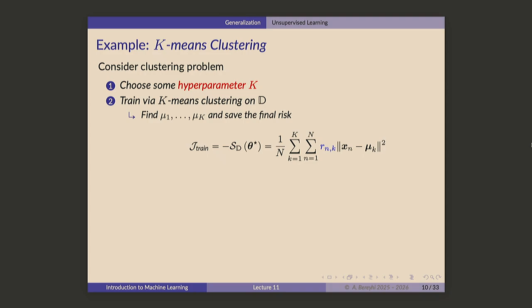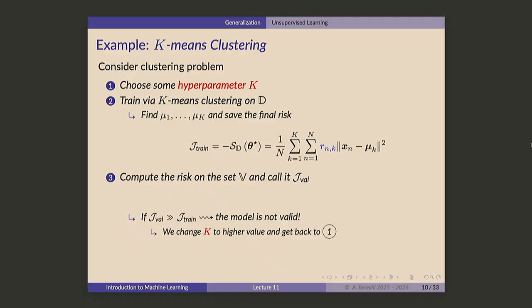And then I should check: I go ahead with the validation set and get the average distance on this validation set. Then I compare, and if my validation distance is significantly higher than my training distance, I conclude it's not really generalizing. Maybe I go for higher k.